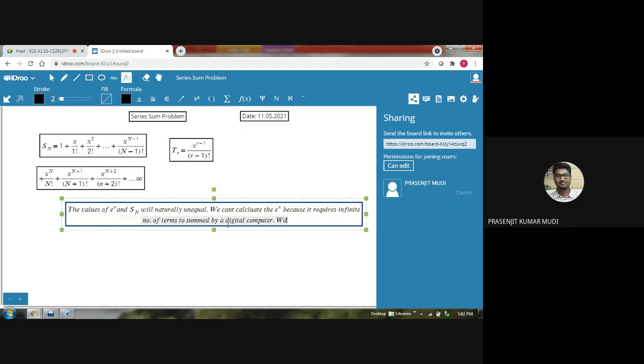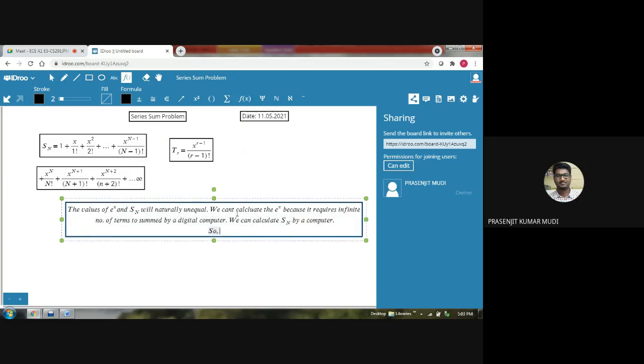So we can calculate Sn, because to calculate Sn we need to sum up a finite number of terms, right? So this is possible.